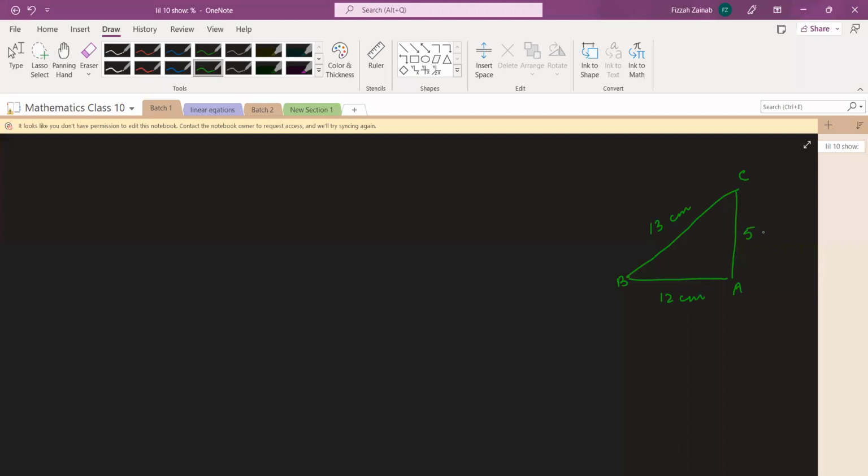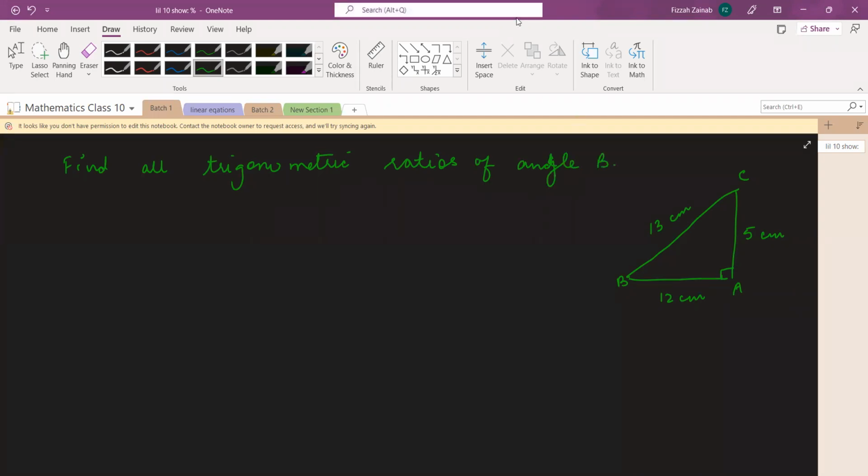And this side is 5 centimeter. Okay, so this is the right angle at A. Find all the 6 trigonometric ratios of angle B. Note down.